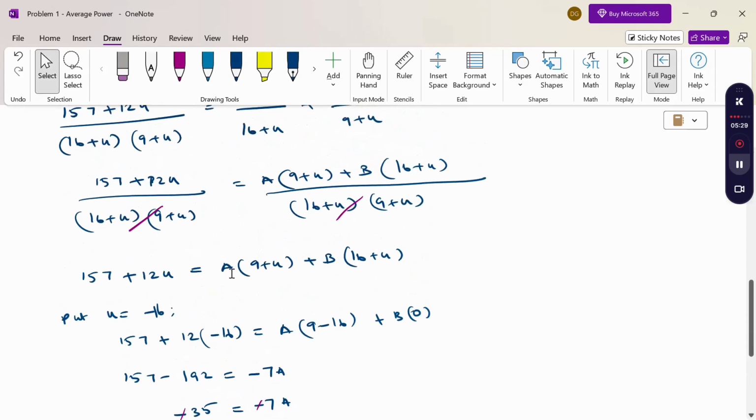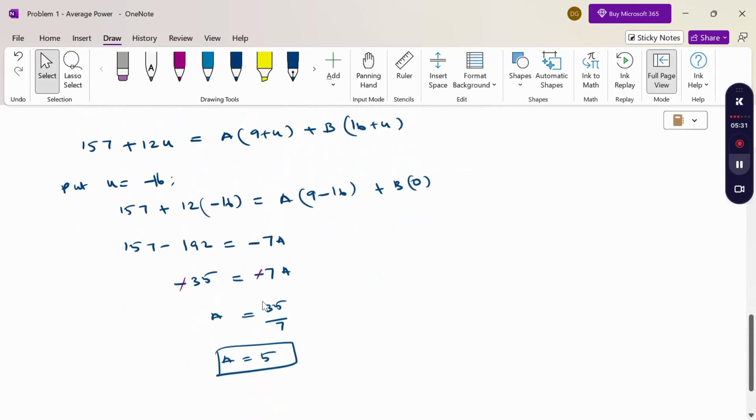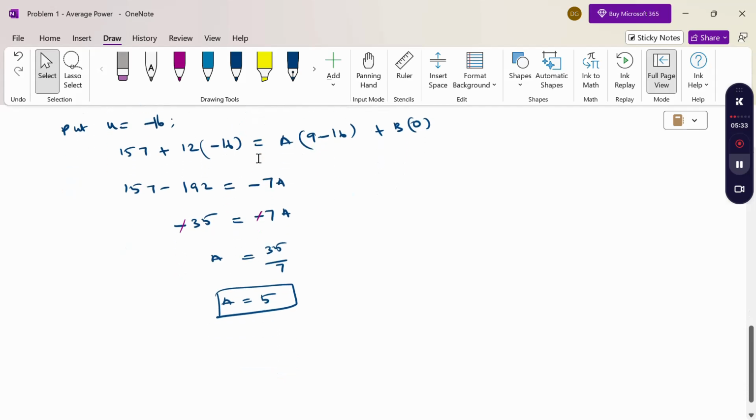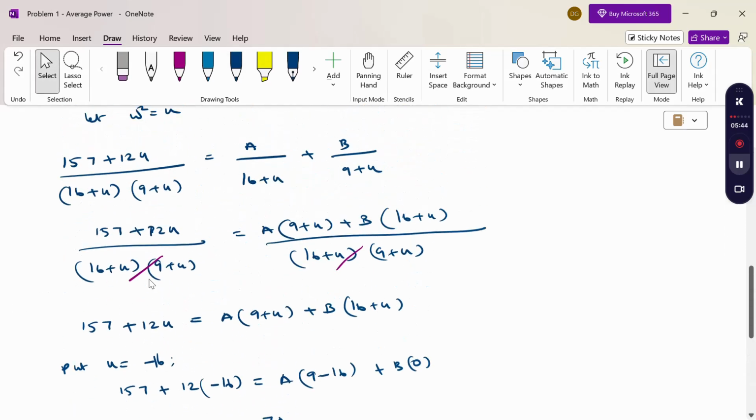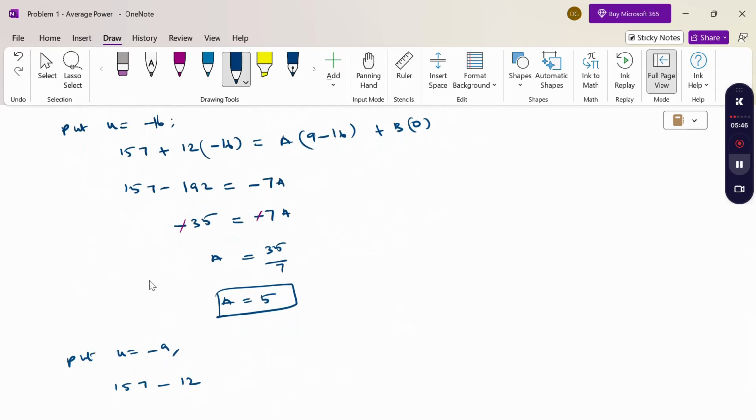Then substitute next to find the value of B. Put u equal to minus 9. So 157 plus 12 into minus 9 equal to A into 0, since 9 minus 9 is 0, plus B into 16 minus 9.